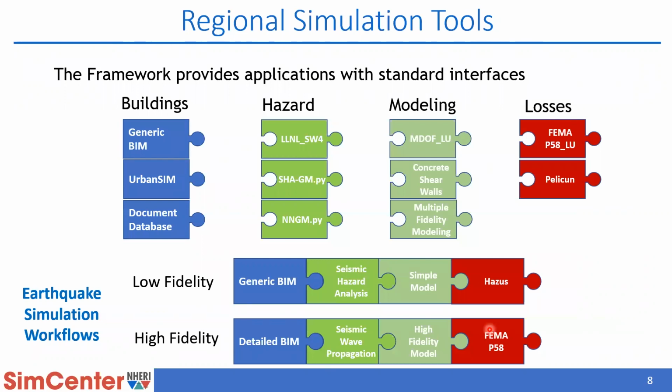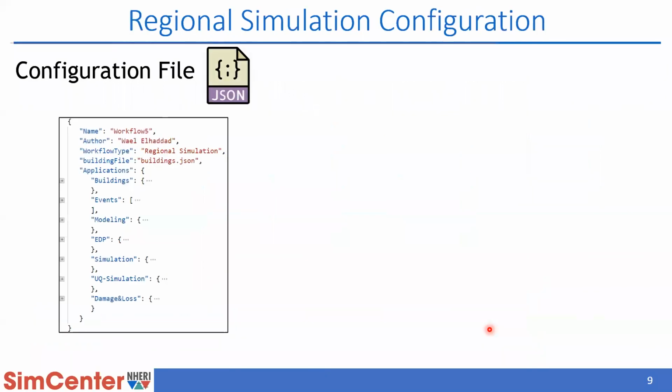Just to talk a little bit more about this, one thing that we have for these tools is a configuration file, and this configuration file is written in JSON. Like you have seen in the previous slides, we have different sets of computation, like the building information model, the event, the structure modeling, the EDPs, the simulation.